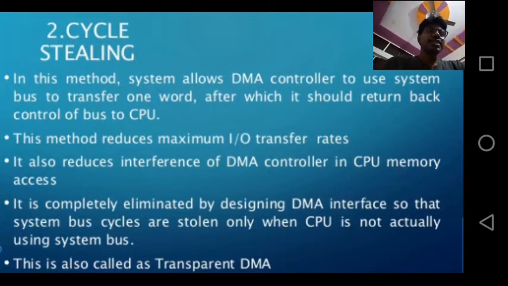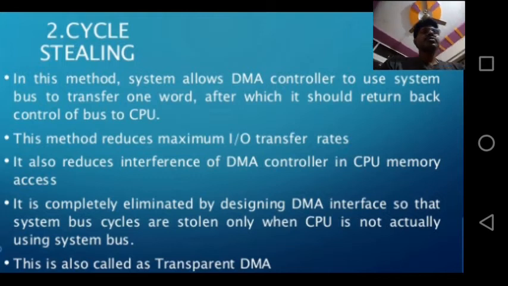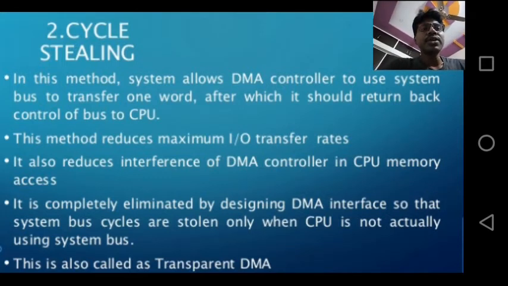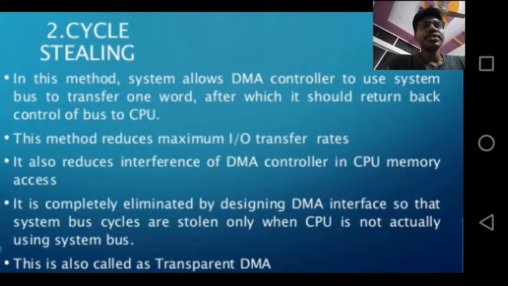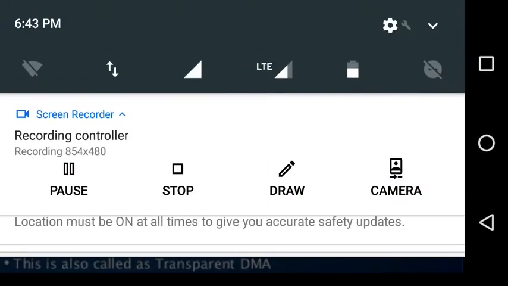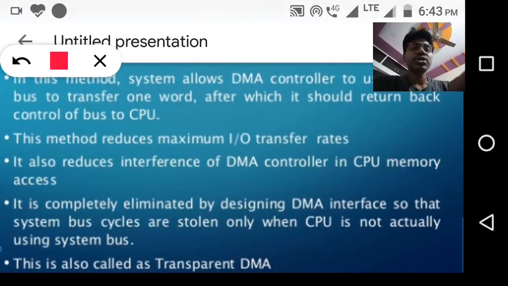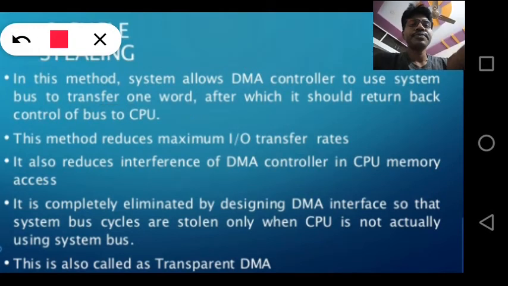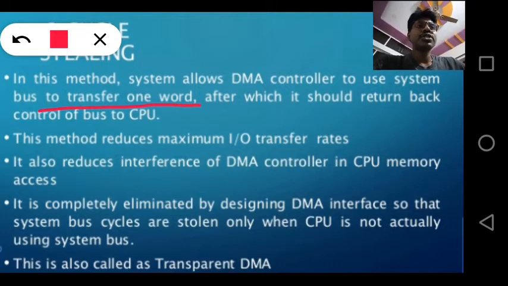Next, we have the cycle stealing technique. In this method, the system allows the DMA controller to use the system bus to transfer one word, after which it should return control of the system bus to the CPU.